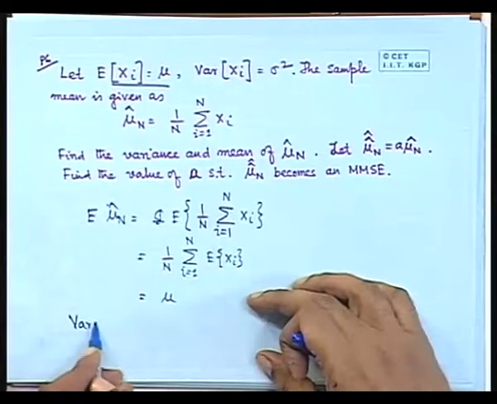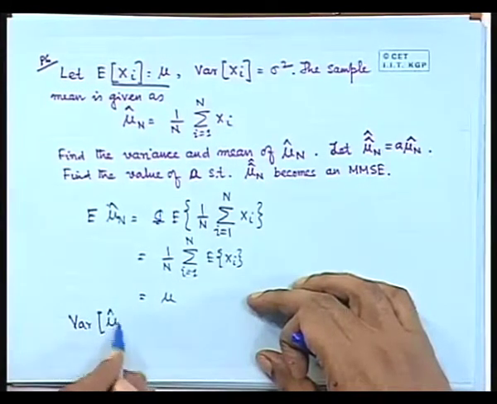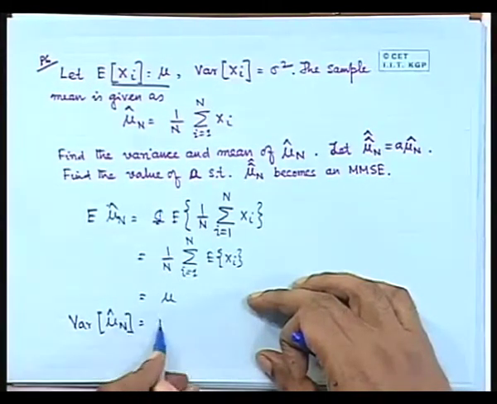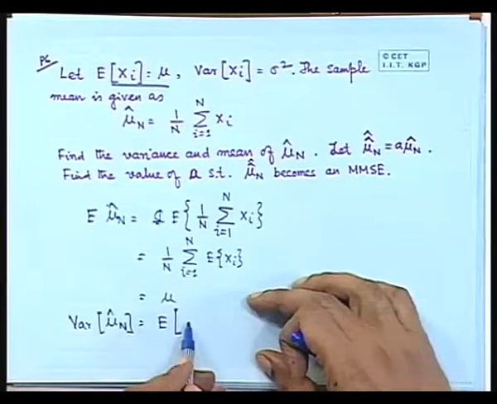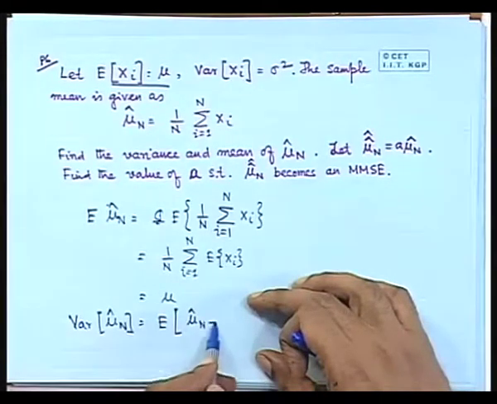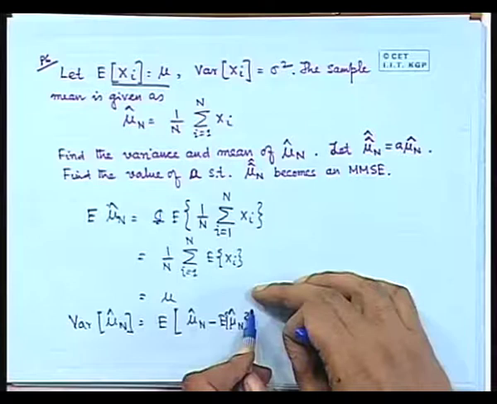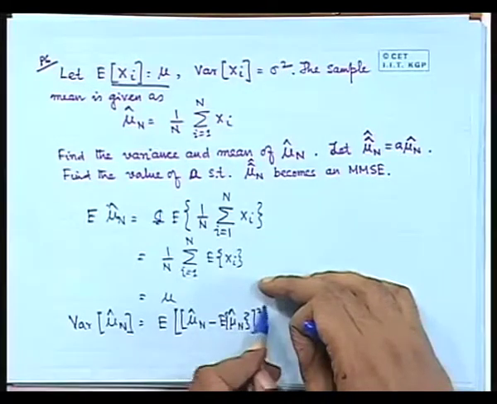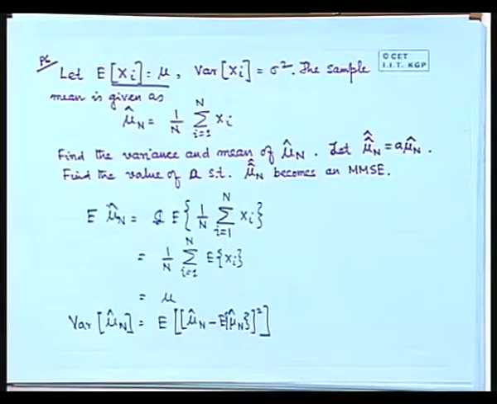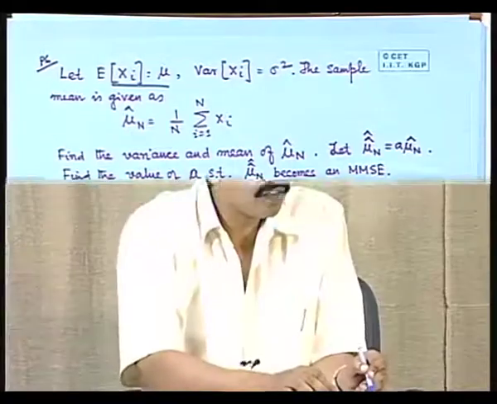It will happen, and you can easily just put in the formula. So what is the variance of mu hat n? It is the expectation of mu hat n minus the expectation of mu hat n, whole square. Just blindly put the formula. This is the formula of variance. This you have already calculated.